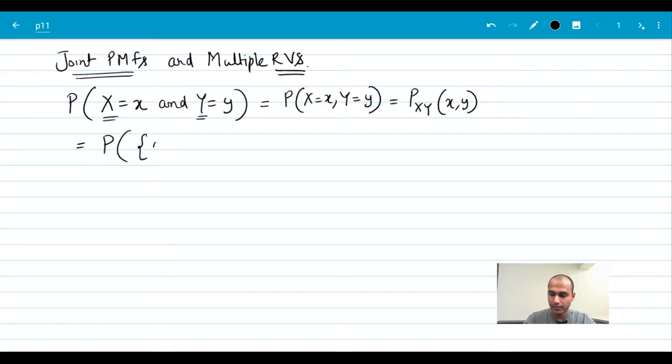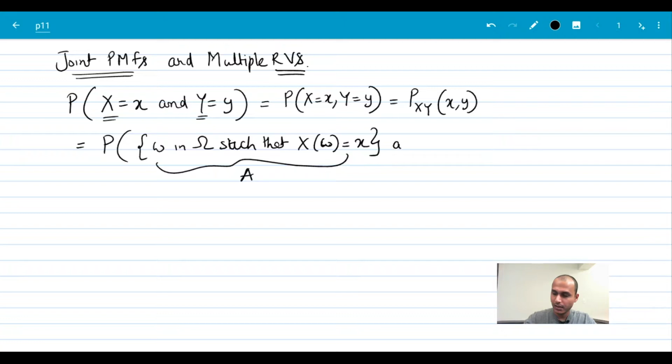It is the set of omega in Omega such that X of omega is equal to x. Call this event A. And the set of omega in Omega such that Y of omega is equal to little y.